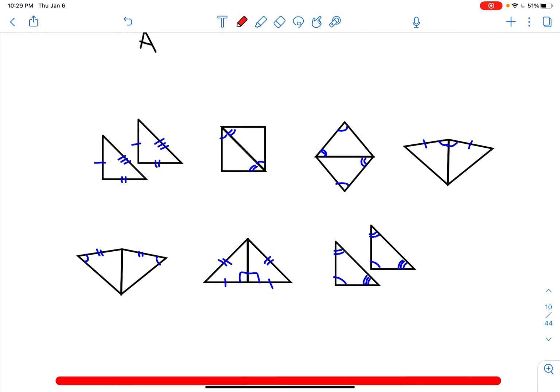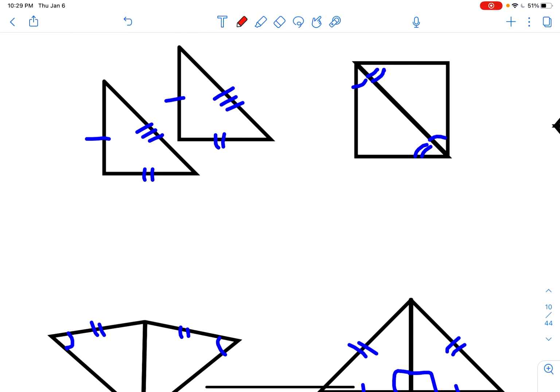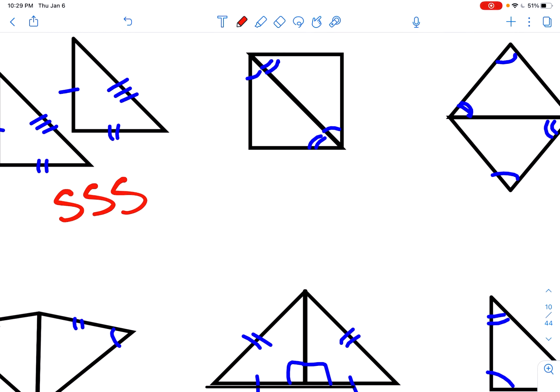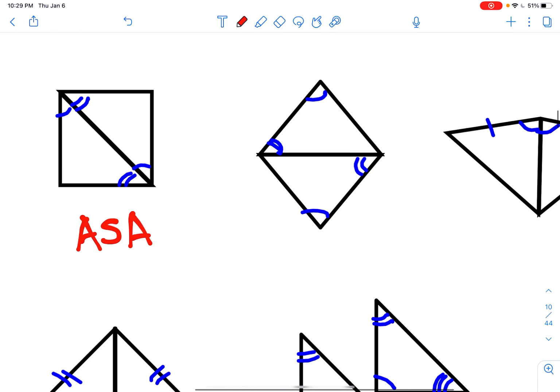And then this is just to jog your memory on congruence statements. Just remember, if three sides are congruent to three sides, that's side, side, side. Angle, side, angle. Remember, when they share a side, that's the reflexive side. So that's going to be angle, side, angle. This one I have angle, angle, side.